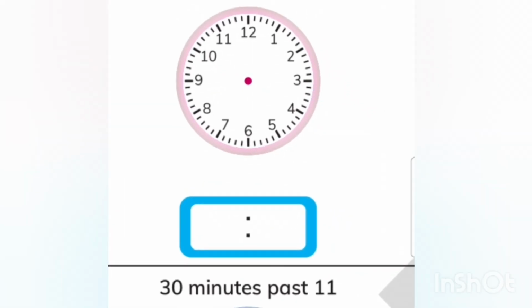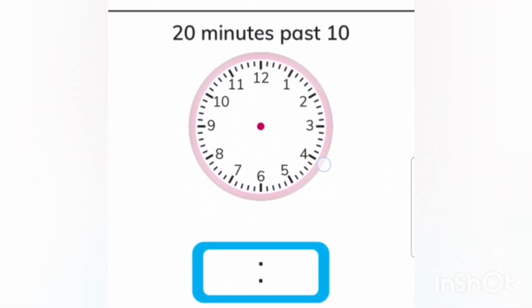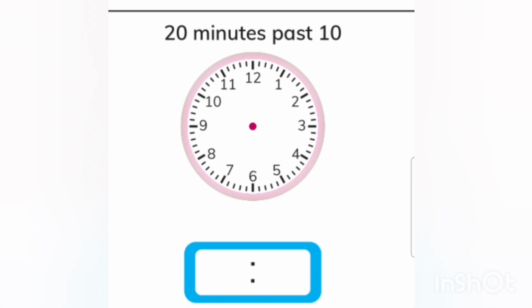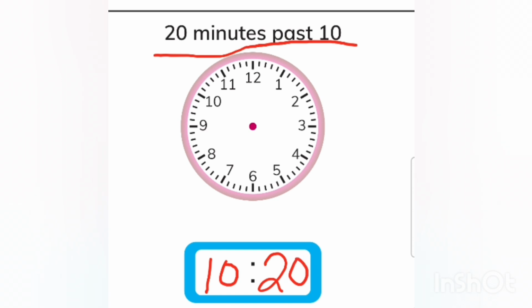Okay, now we will do it like this so that you can understand more. The question is 20 minutes past 10. If we write in digital, it will be very easy: 10:20. How many minutes are there? 20 minutes. And how many hours are there? 10.